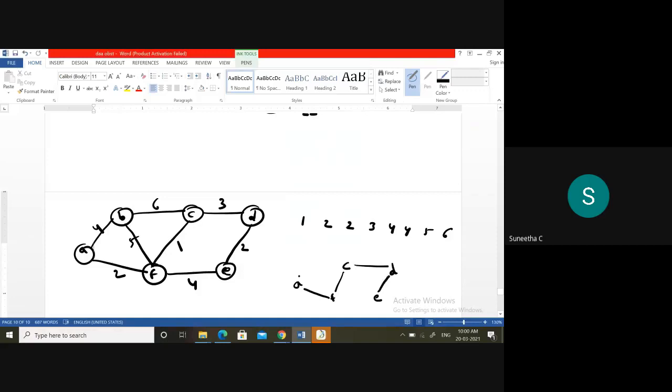Okay. Suppose you have taken AB first, then this is the spanning tree, and next you have to take 4. Go for the next edge, that is 5, in the sense BF.